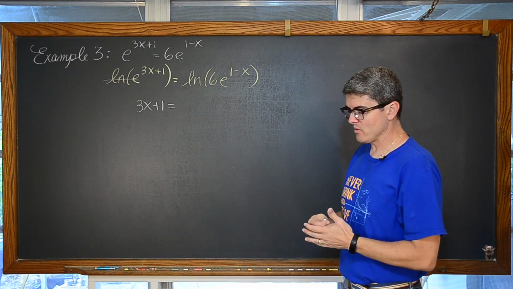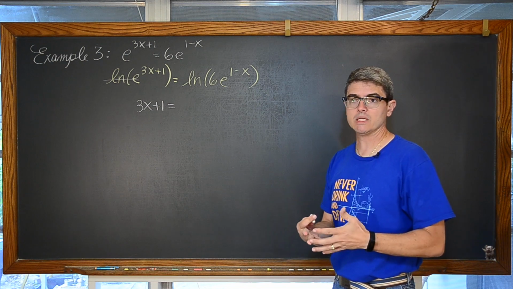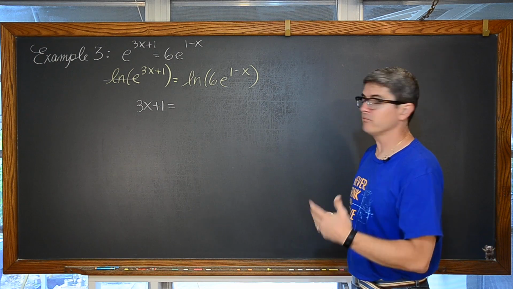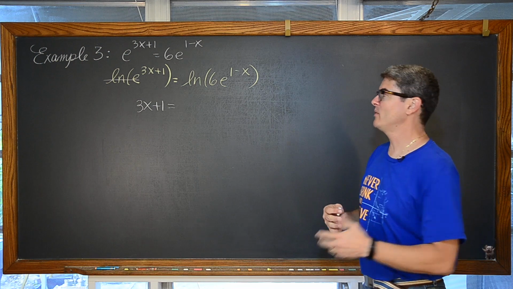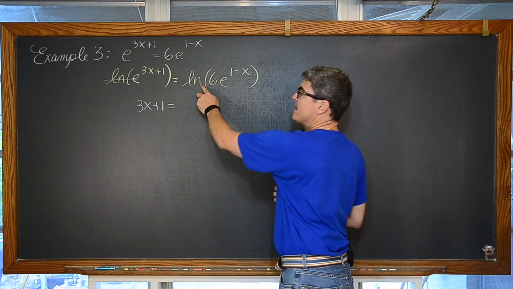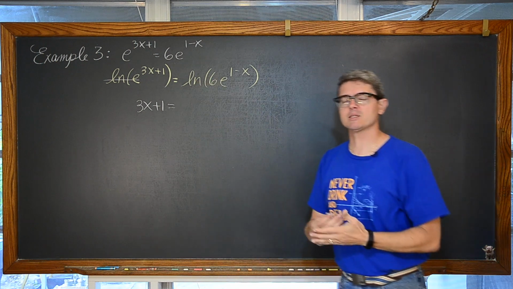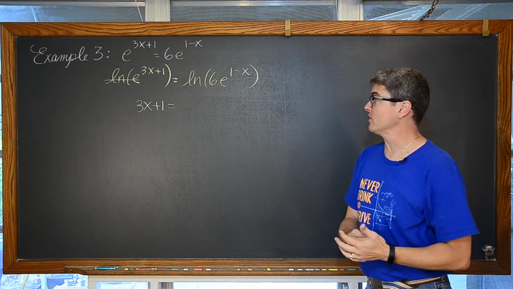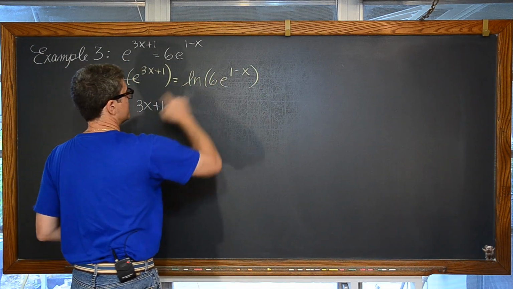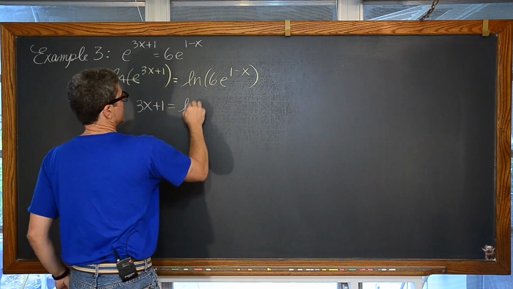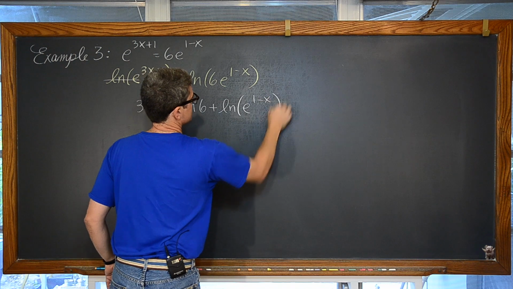Well, remember that logarithms are exponents. So all those properties of exponents you learned in previous lessons, that when you multiply with like bases, and our like base here is base e, you end up adding the exponents, and logarithms are exponents. So we can rewrite this, recognizing that we have a multiplication within the same base, as the natural log of 6 plus the natural log of e to the 1 minus x.